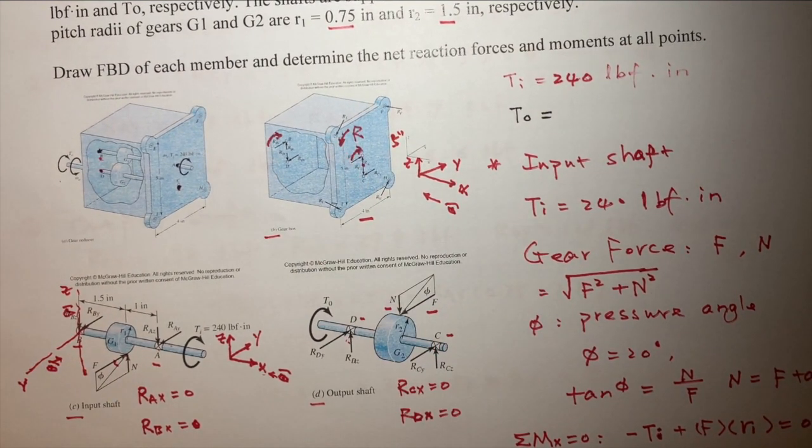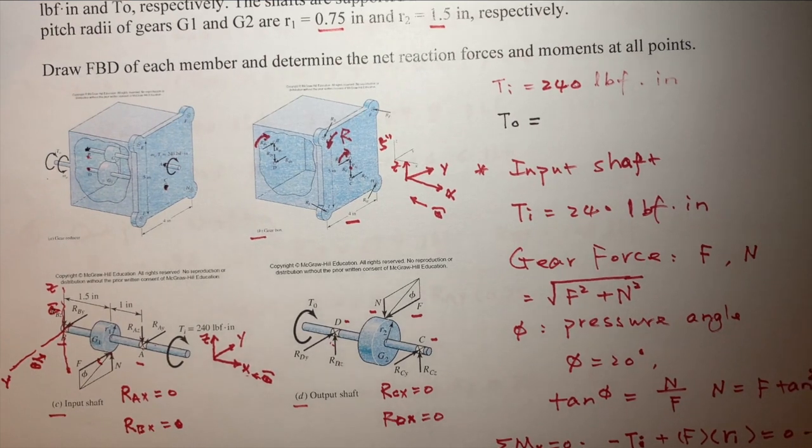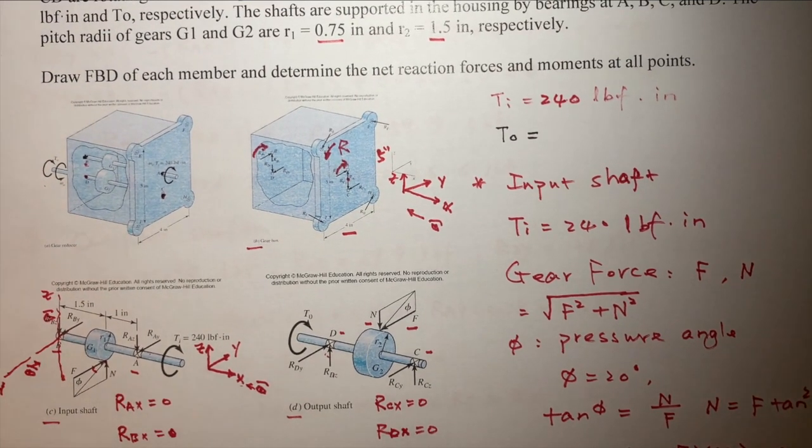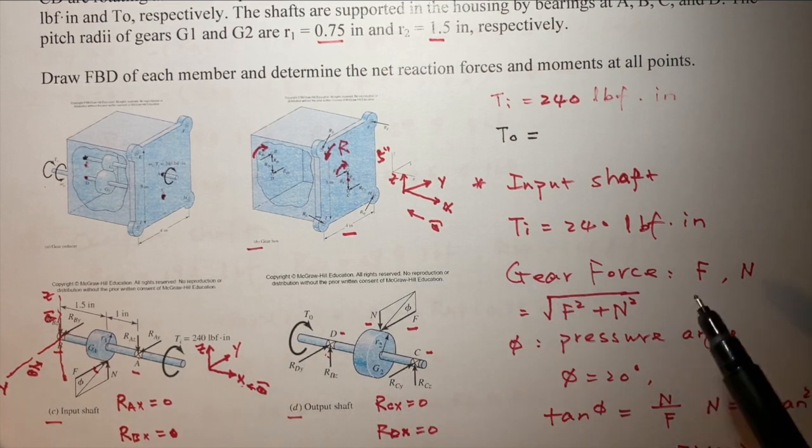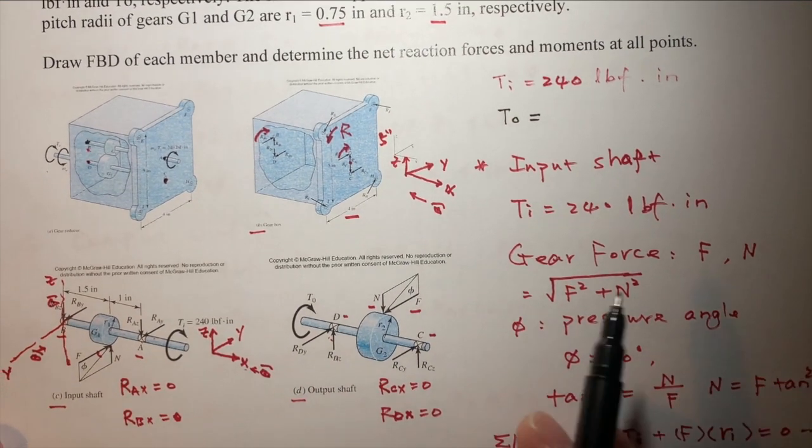Right. So this is a very good example problem, and hopefully through this problem, you practice your statics. And I'm going to assign this problem as one of the homework problems. So make sure you fully understand this. So based on this problem, you can say, in order to solve this problem, you have to properly sketch the FBD.